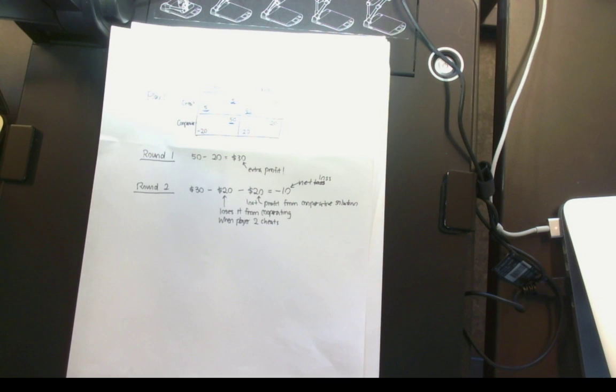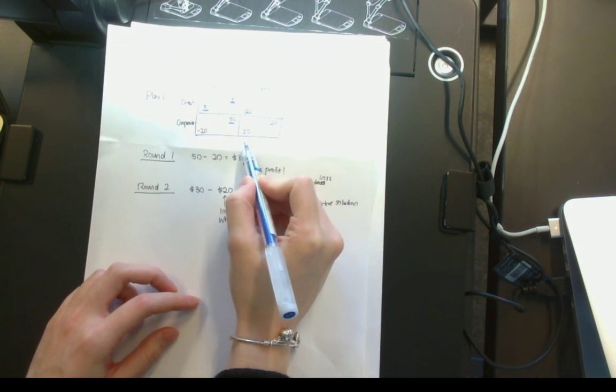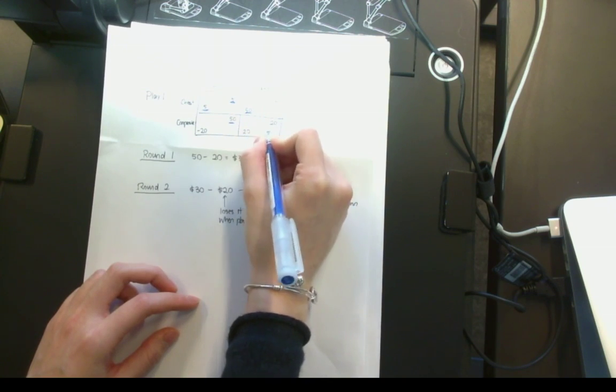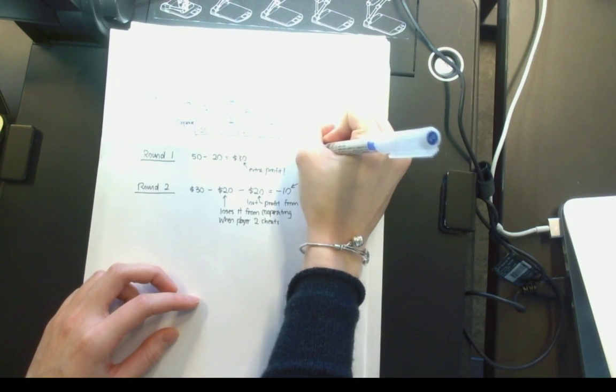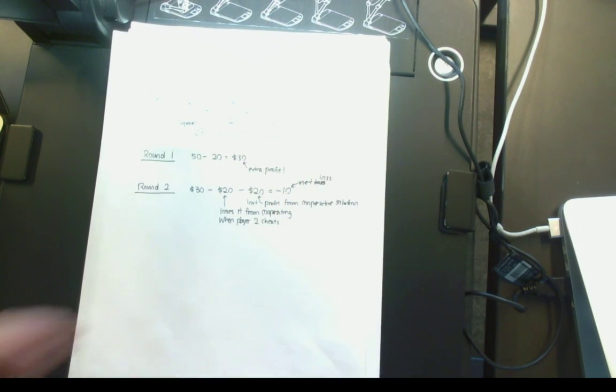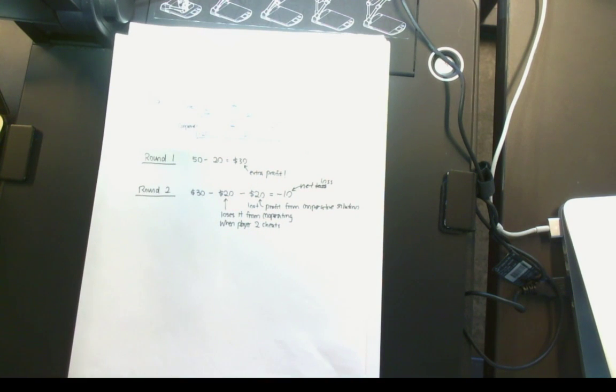So I'm going to show you. If both players cooperate, each of them would make 20, which is an extra of 15. So in the long term, if the game continues indefinitely, both players have the incentive to cooperate and make 20 every round. But let's imagine that player 1 cheats. Player 1 decides to deviate from their mutual agreement to cooperate.